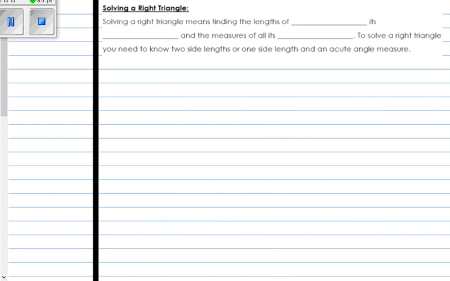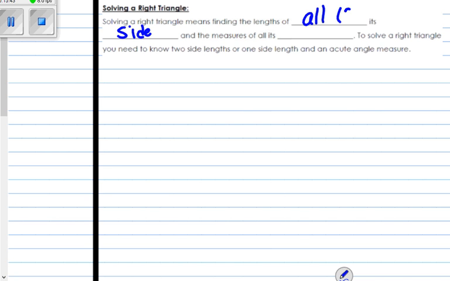Okay, so backside. When they say that we are going to solve a right triangle, that means that we are finding the lengths of all of its sides. How many sides does the triangle have? 3.